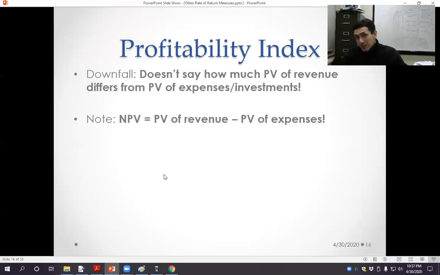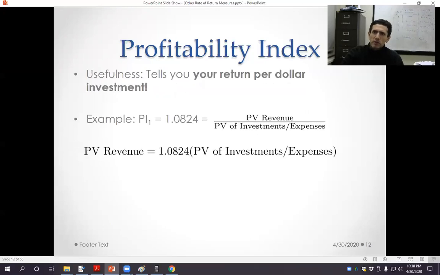Okay. So what's interesting here is that if you take this into consideration, and in particular you divide, so remember, what is the profitability index? Present value of revenue over present value of expenses.